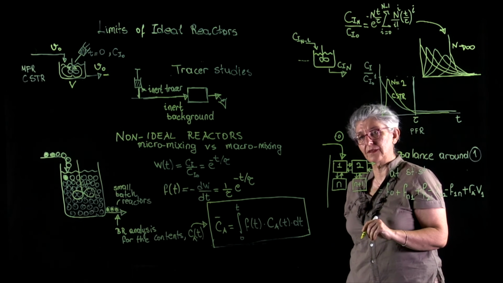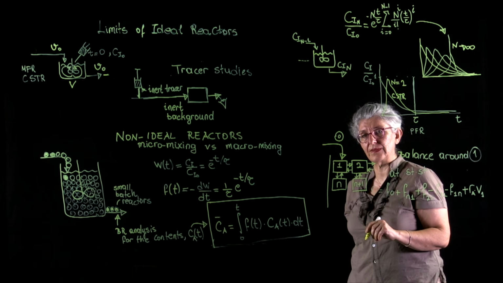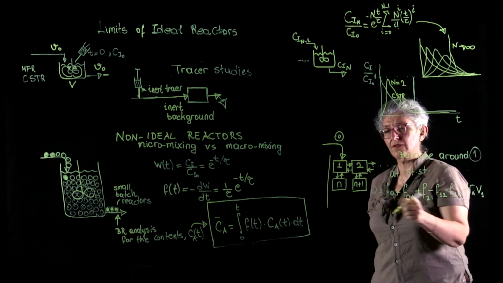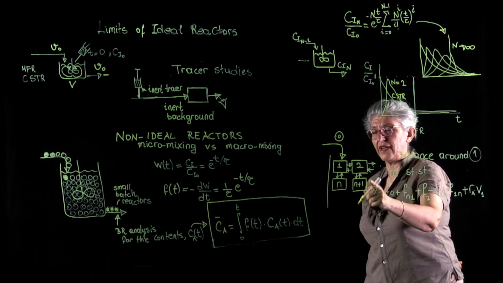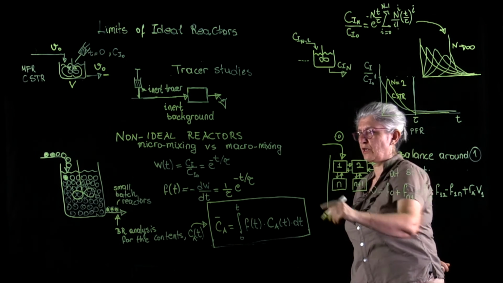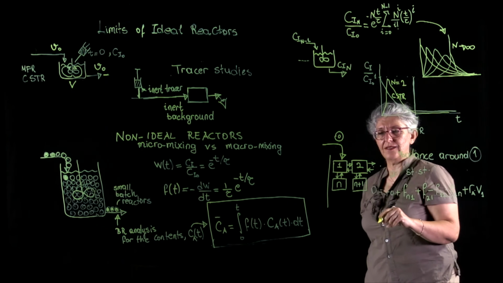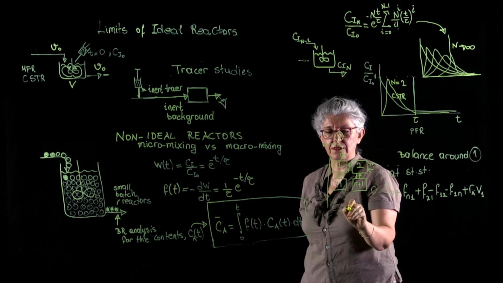So this is the generalized CSTR equation for domain 1, and I have to write it for all the domains that I have identified within this reactor. And this is called the zone model.